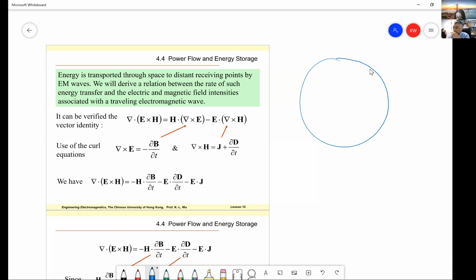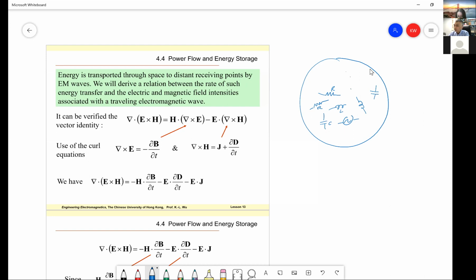So in this system, let's say you have a generator. Then you have a lot of inductors and capacitors, right? And also you have resistance, right?